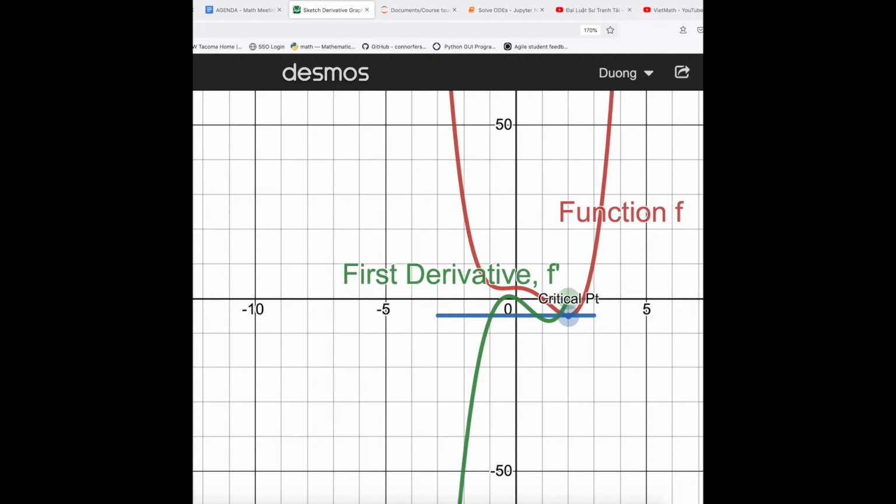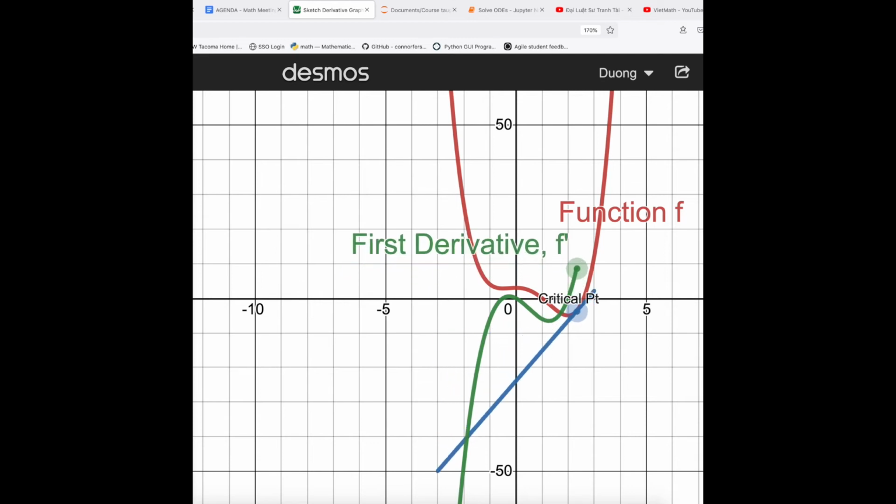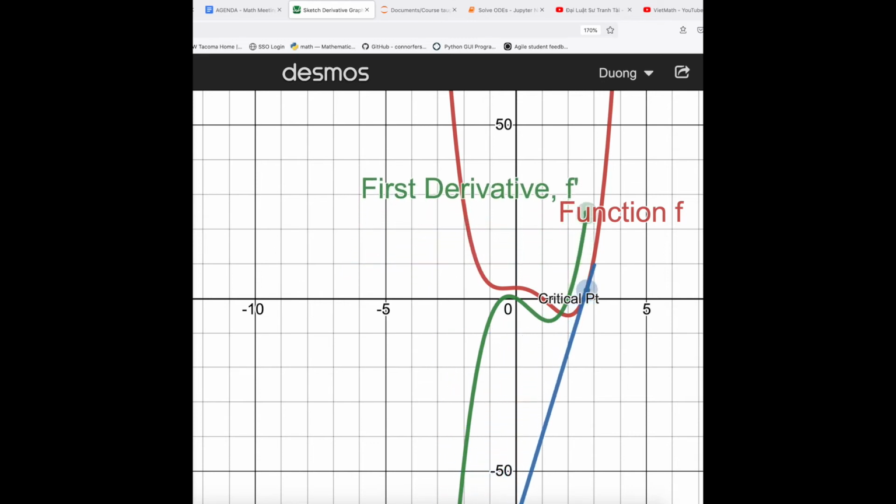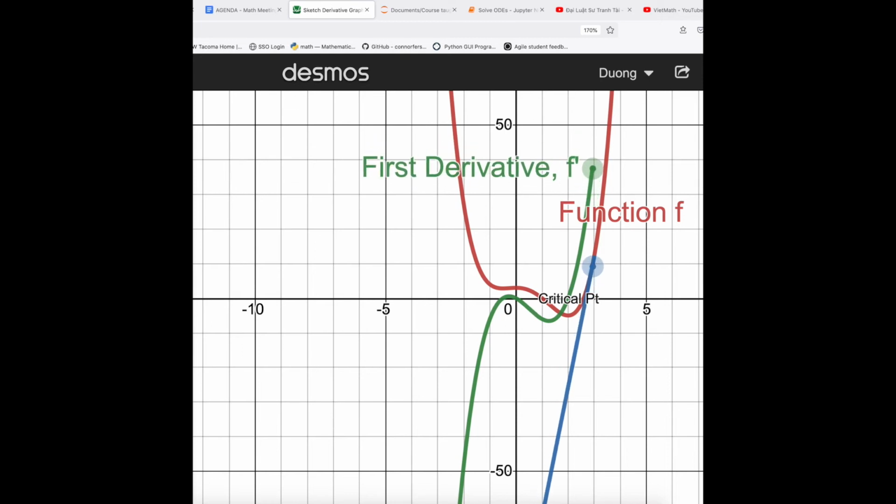And then if we let the point move to the right, you can see that the slope of the tangent line keeps increasing. It's getting steeper and steeper, and the first derivative value just keeps increasing as x goes to infinity at this point.